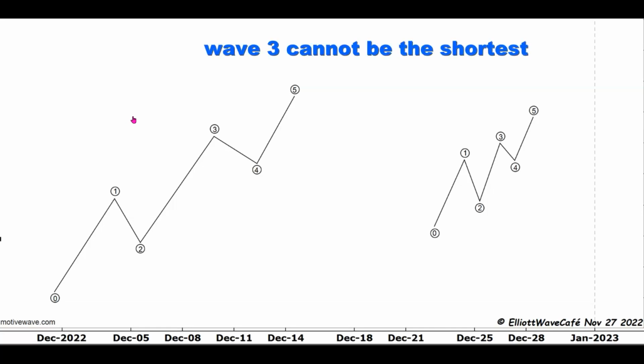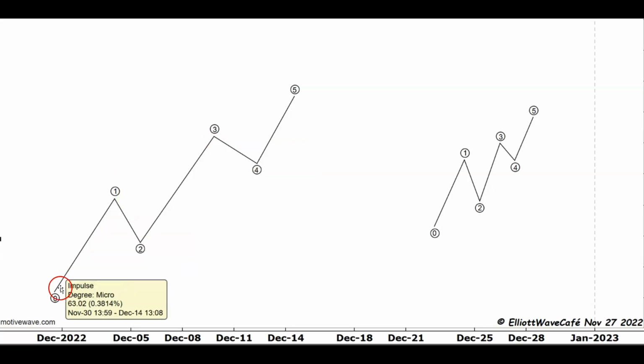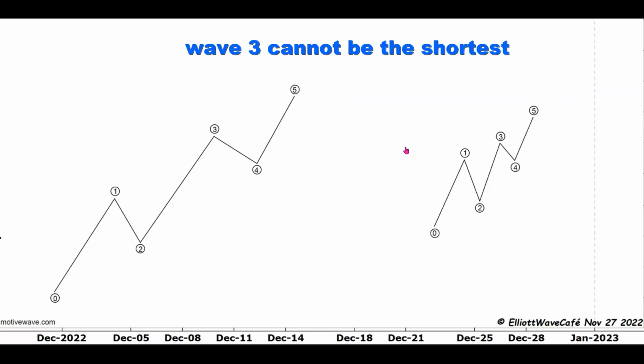Not only can wave 3 not be the shortest wave in a sequence, but it needs to have a very clean 5-wave pattern inside it in an impulsive structure. In a diagonal structure, it would have to be either an impulse or a zigzag, depending on whether it's an ending diagonal or a leading diagonal. But the number one thing to remember is that wave 3, in an impulse or in a diagonal, cannot be the shortest wave.